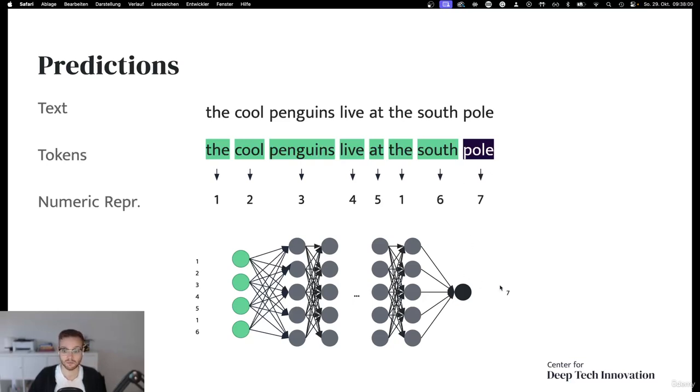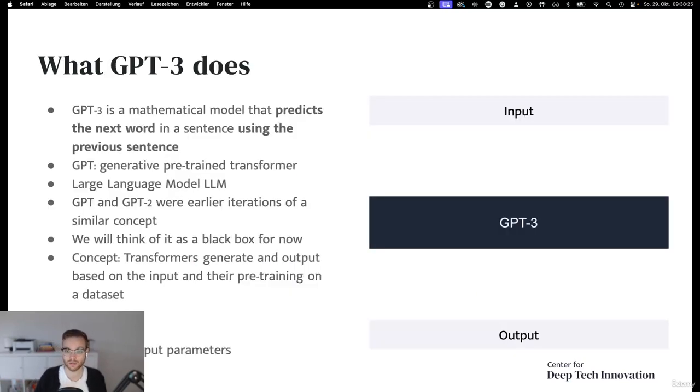Then we take this as our baseline. We see this, it should be here 7. If our neural network calculated something else than 7, then we have to create an error, do backpropagation, and retrain our network. And in this way, we teach a neural network to predict the next word in a sentence based on some previous input.